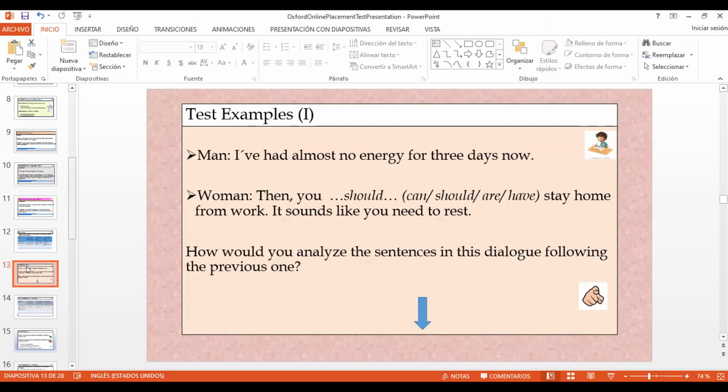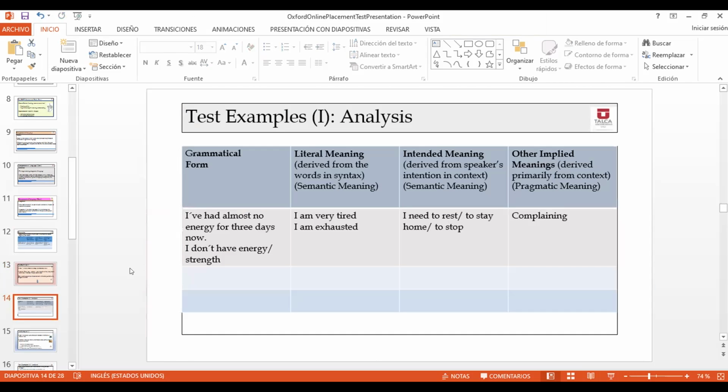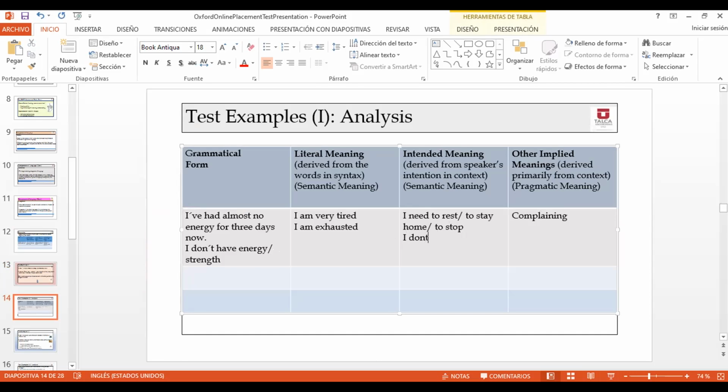Of course, this is something we practice, and we improve every day because we understand all of this. We don't think it consciously. We understand this person is tired, doesn't want to work. Here he's saying literally, I don't want to do any more work.